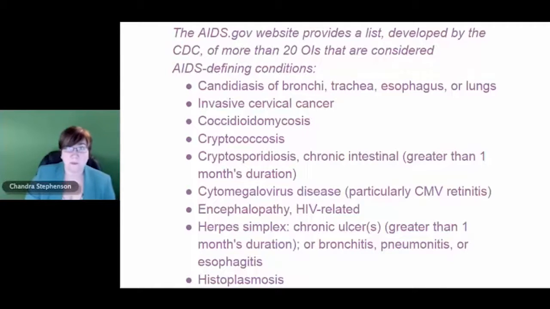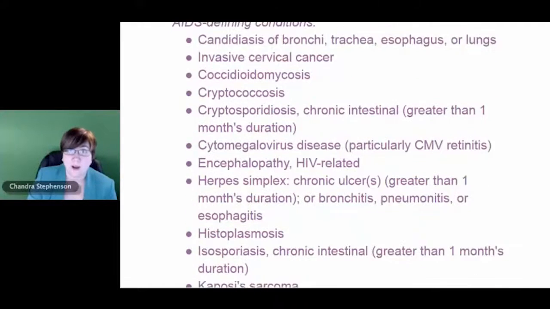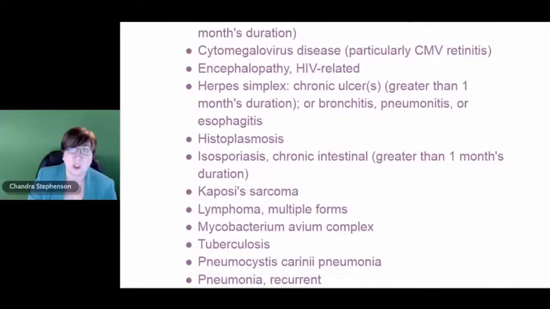By definition, if a patient is HIV positive and then diagnosed with any one of these conditions on this list, they are considered to have an AIDS-defining condition and be progressed to the point of having AIDS. And the HIV positive, the Z21 asymptomatic code, should not be used.